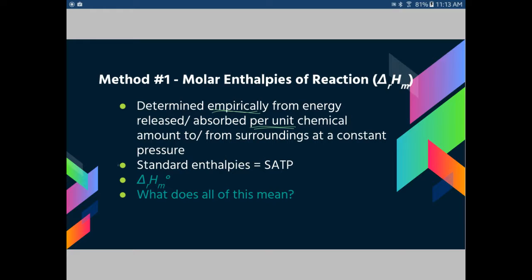Our standard enthalpies are always at SATP, meaning we can notate it with this little standard sign or degree sign. So this is method 1, this little section in this turquoisey color, and it's kind of confusing because what does all of this mean? We have a variety of symbols and letters, and it's all for one single variable.